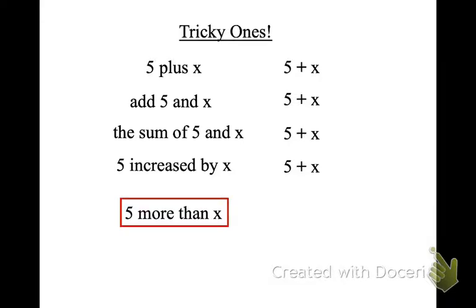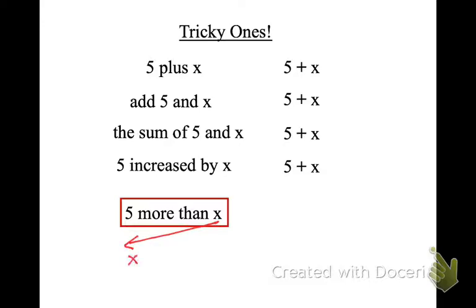Now this is what I call a backward word or a crisscross word. And so when you see the word than, what does more than mean? What operation, Rami? More than's what? Addition. When you see the word than, your terms will crisscross or switch places.